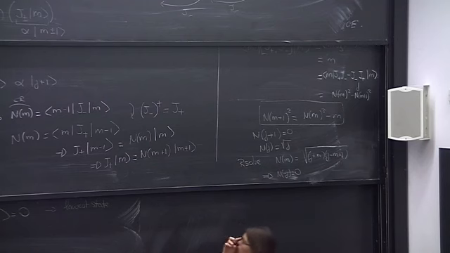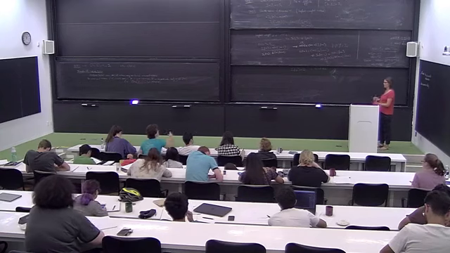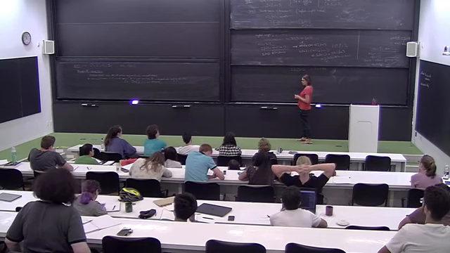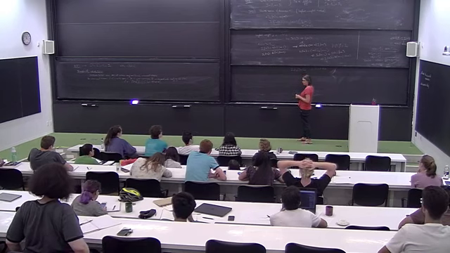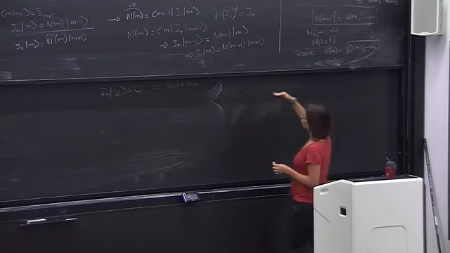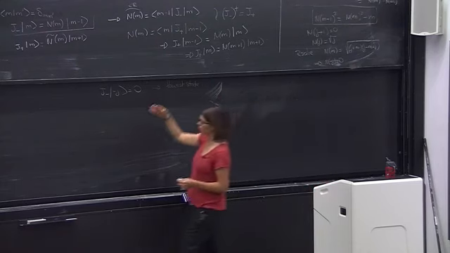Sorry, why does the fact that J minus annihilates the minus J state mean that it's not in the representation? No, the minus J is part of the representation, but it's the lowest. We want to see how many vectors we have in our representation, okay?